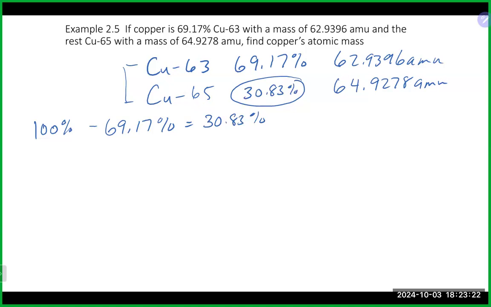Now that we have the percentages and the atomic masses of each isotope, we can do our calculation. Our atomic mass in AMU will be our first isotope. I'm just going to move the decimal point, which means it's going to be 0.6917. Again, you could divide by 100% if you like. We're going to multiply it by the atomic mass of our first isotope.